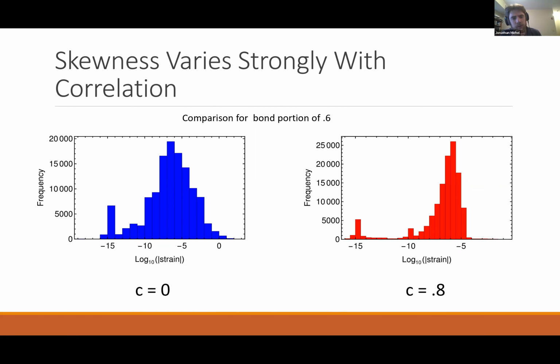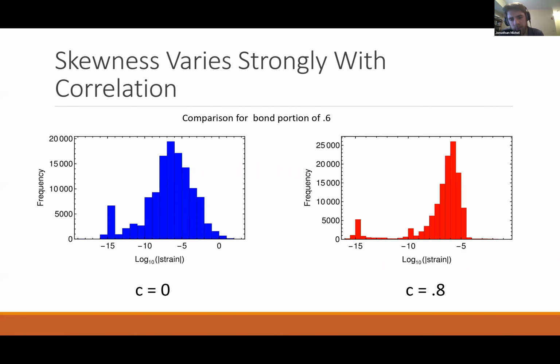Here I'm showing you the distributions for two networks, both with a bond portion of 0.6, one with a correlation strength of 0 and the other with a correlation strength of 0.8. You can see in one case there is a comparatively tight distribution of strain magnitudes for 0 correlation strength.